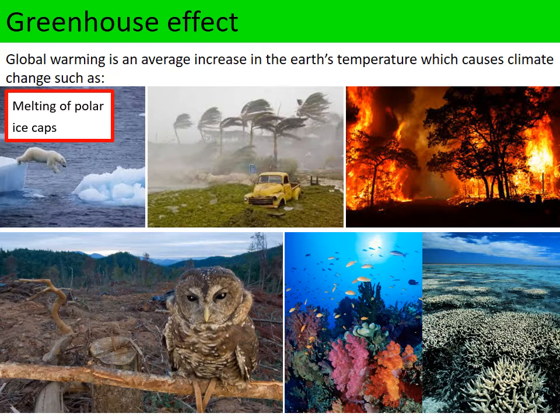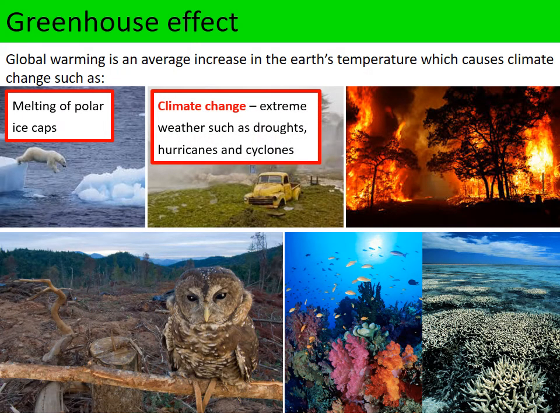Polar bears, for example, require the ice as their habitat to form shelters, to hunt from, etc. And these habitats are being destroyed. This does result in an increase in the average sea level, which can also destroy coastal habitats.